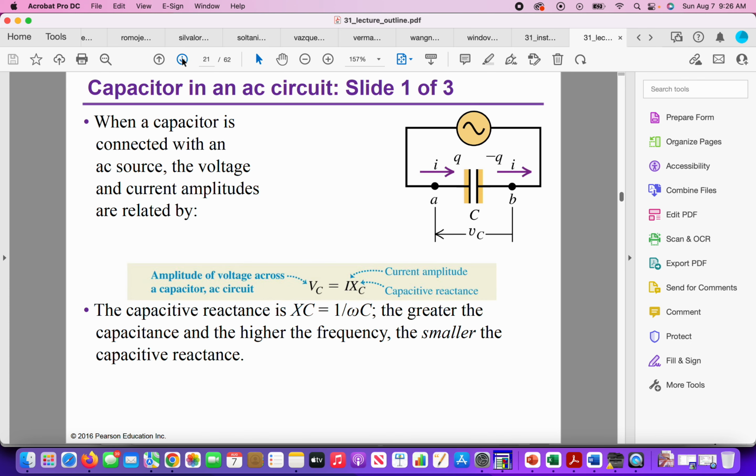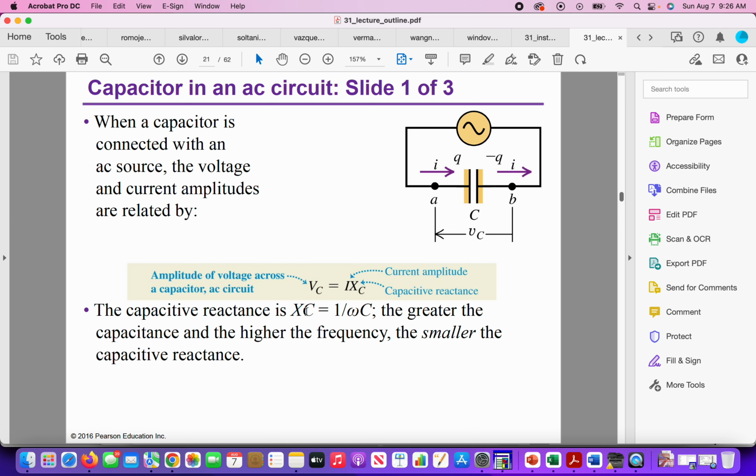Now it's the turn for a capacitor in an AC circuit. It is connected here to the source, and again VC is going to be I times XC. XC is kind of a resistance, or impedance, which we call the capacitive reactance.